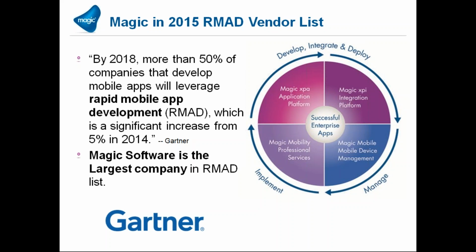So that causes Gartner to put Magic Software in its rapid mobile application development vendor list. And they're suggesting that by 2018, more than 50% of companies that develop mobile apps will leverage rapid mobile app development, which is a significant increase from where it was just a couple of years ago at 5%. Now, Magic Software is the largest company in the RMAD list for Gartner.